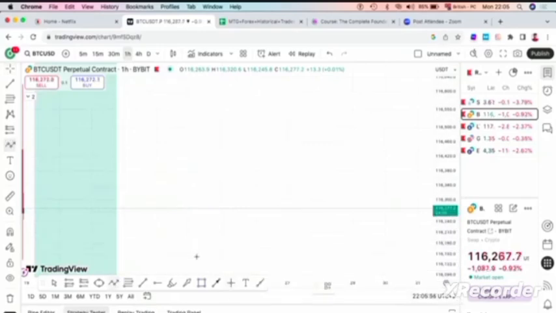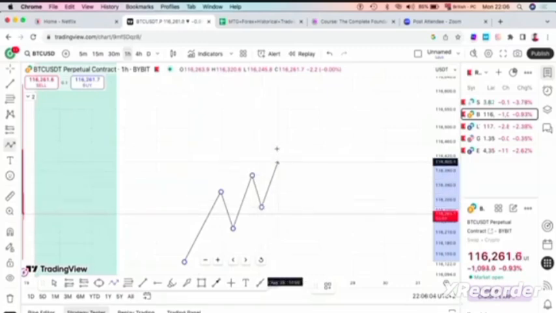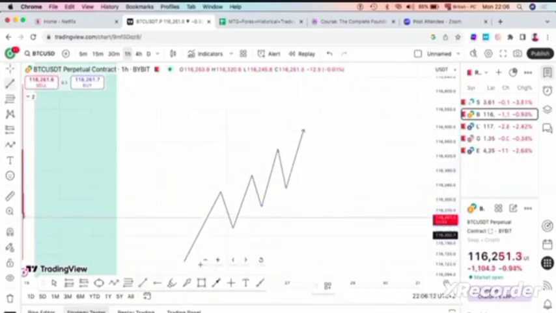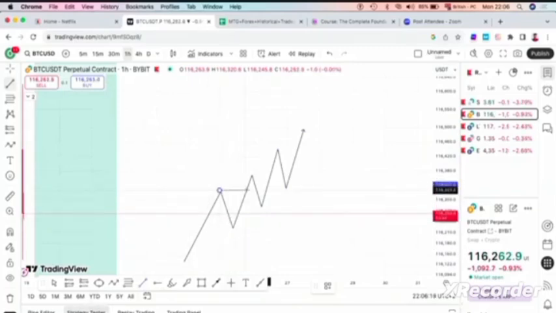You have up structure here. You have a market that is going this way, and this way. You have an uptrend like this, and we all agree this is an uptrend because the market is breaking structure to the upside, right? I agree that the market is breaking structure to the upside.